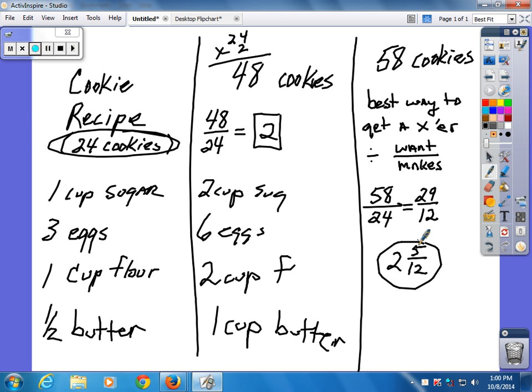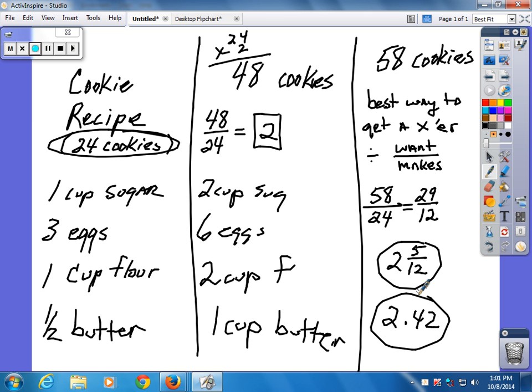2 and 5/12 is almost what? 2.5. Now, how would you multiply that by this? Well, you take 5 divided by 12. Somebody do that with your calculator. What do you get? 5 divided by 12. You should get like 0.45 or something. 0.416. 0.42. So 2.42.